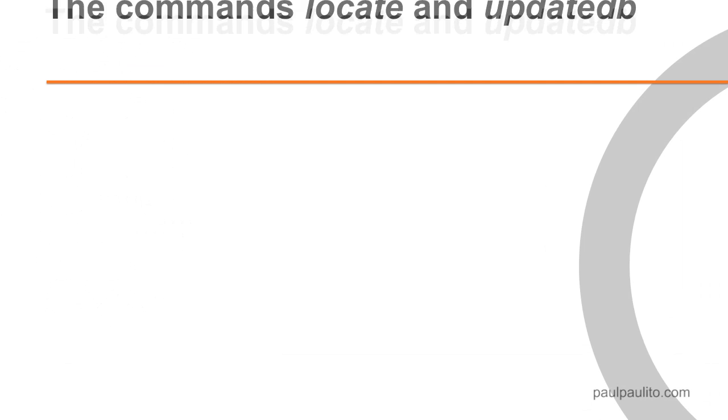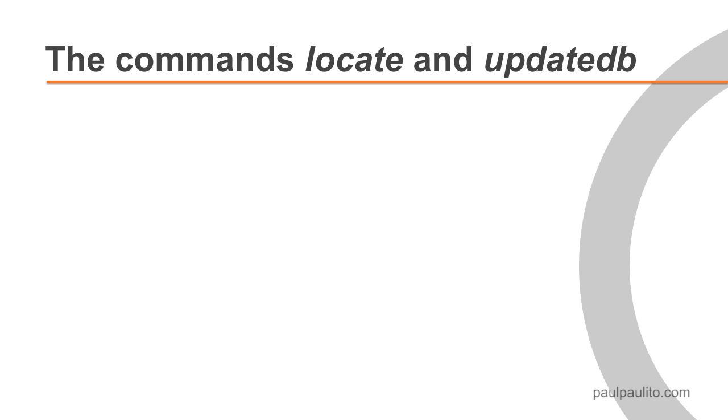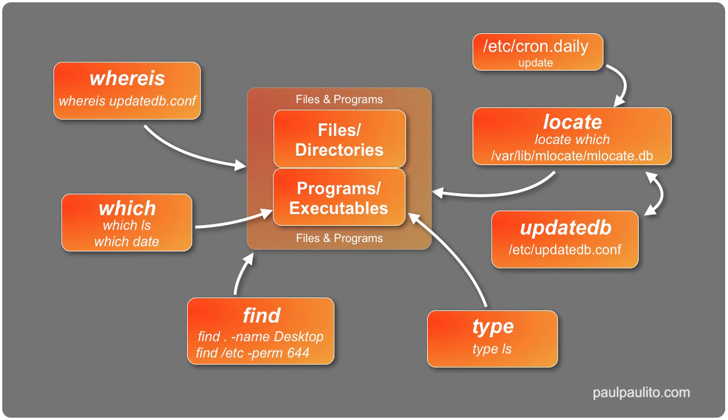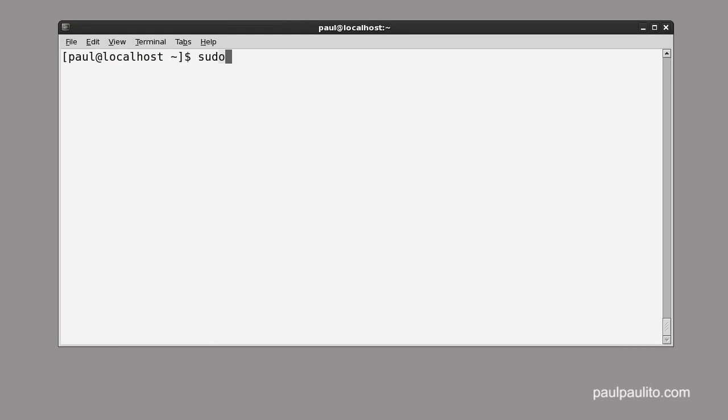The commands locate and updatedb. You have already learned that the find command searches through directories you specify every time you run it. If you would like to run a faster search, you can use the locate command.